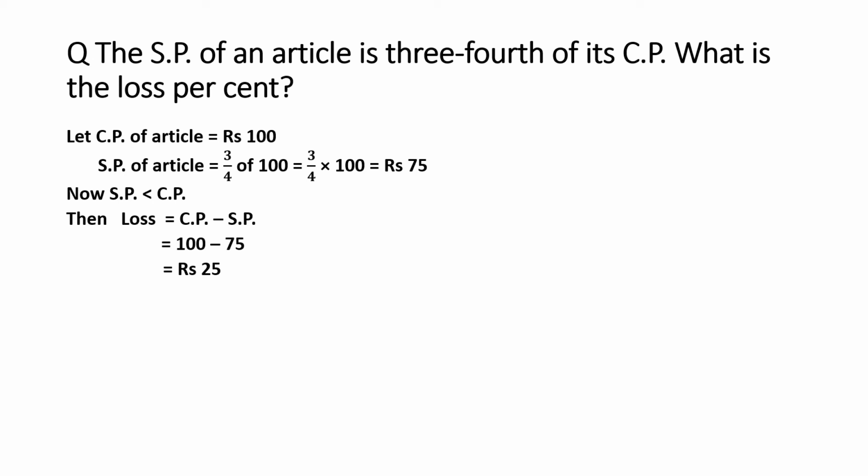So 25 is the loss, and to find the loss percent, the formula we all know, loss upon CP into 100, 25 upon 75 into 100, that is 100 by 3, that is equal to 33 1/3%. Instead of 100, if you want to take it as x, then SP will become 3 by 4x, and x minus 3 by 4x is 1 by 4x, and then apply the same, 1 by 4x upon x into 100. You will get your exact 33 1/3%. You can find it out from there also.